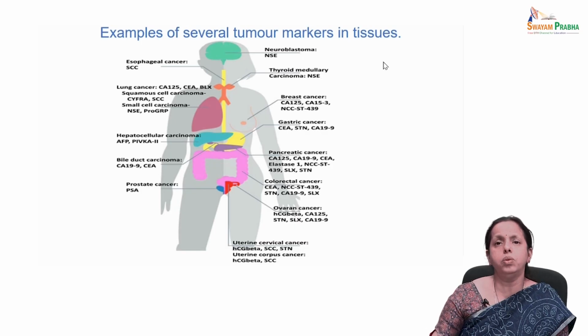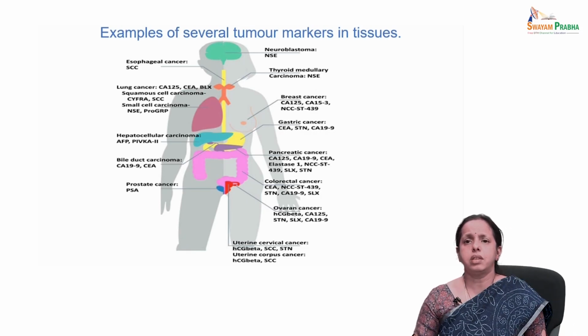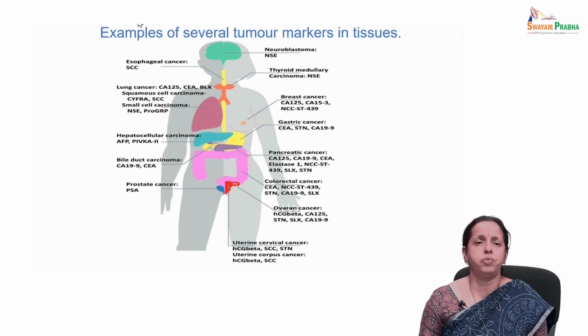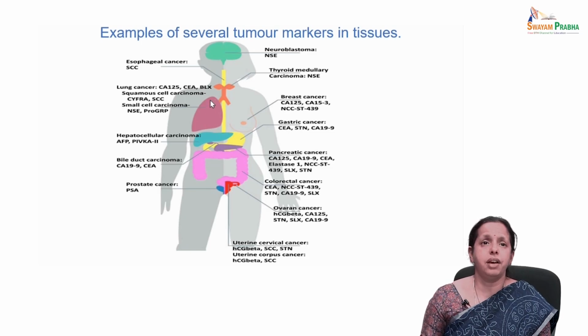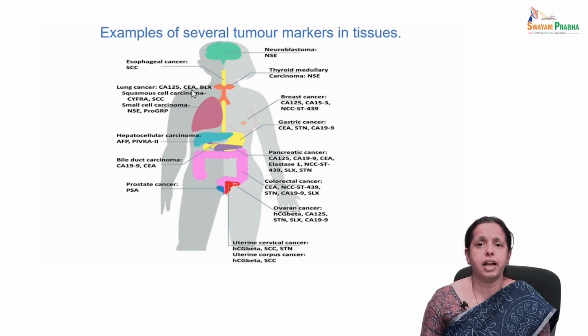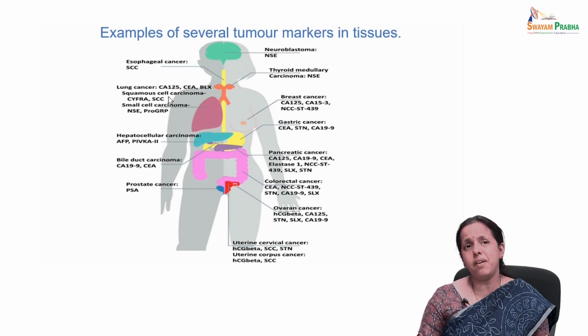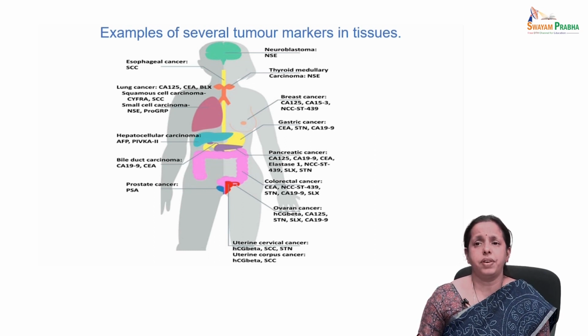So there are several tissue markers, tumor markers in these tissues. For example, there is squamous cell carcinoma antigen for esophageal cancer, and the CA for colorectal cancer. This is mostly used for detecting esophageal cancers, but it may have little pathological significance.